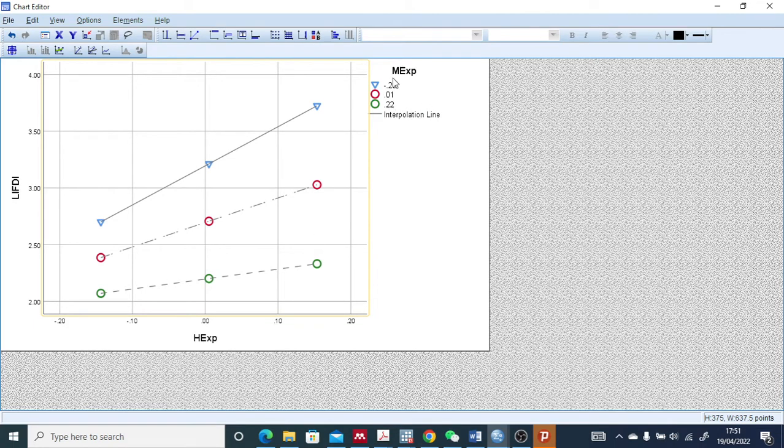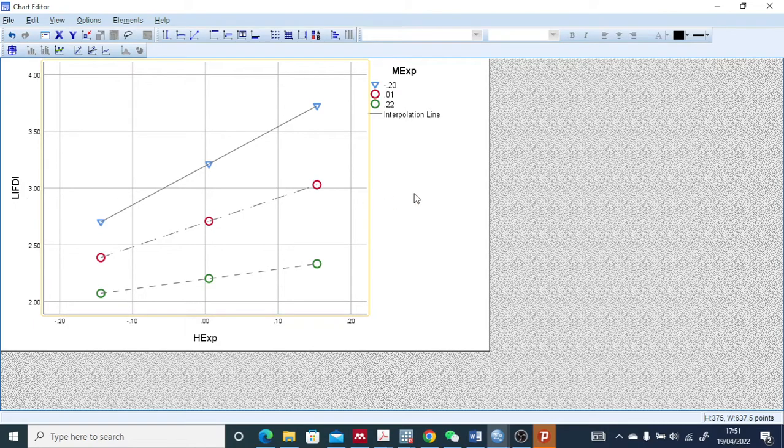Now this variable, which is the moderator, is the M expenditure, that is the military expenditure in that country. So how does the military expenditure moderate the relationship between health expenditure and inward FDI? In this moderation analysis we observe that the military expenditure negatively moderates the relationship between H expenditure and FDI.